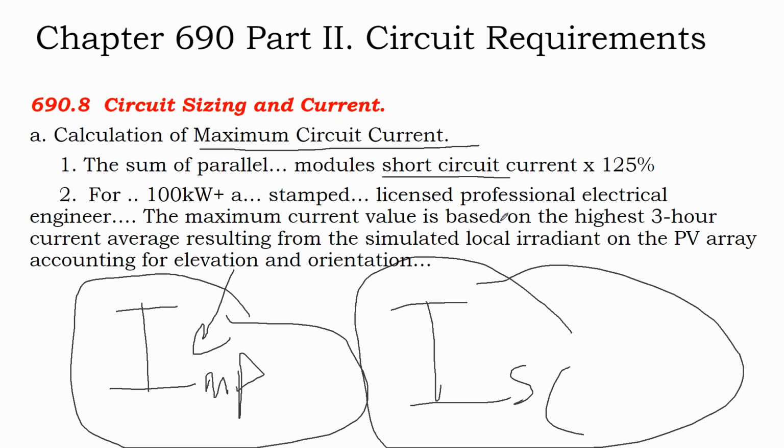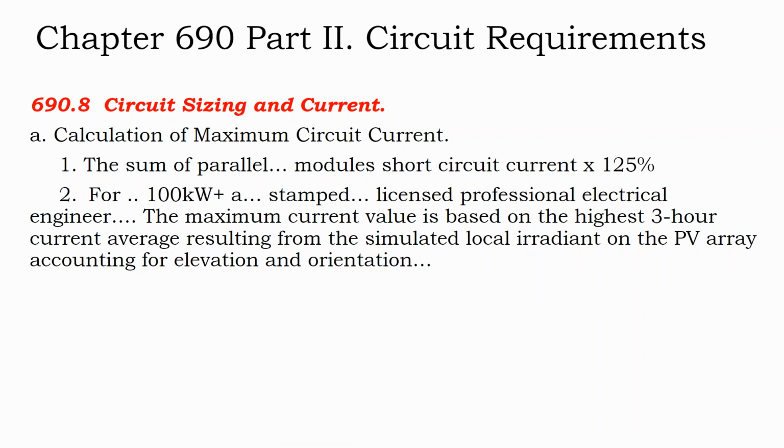And so for calculating the voltage, we saw that we take the short circuit voltage and then we adjust for temperature and then we add 25% headroom on that. Here, we're taking the same circuit and finding the short circuit current and then adding 25% headroom on top of that.